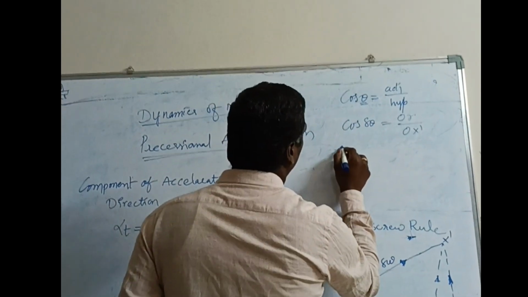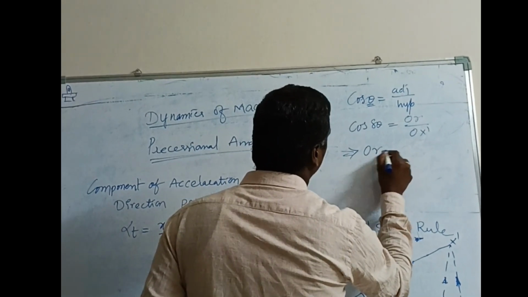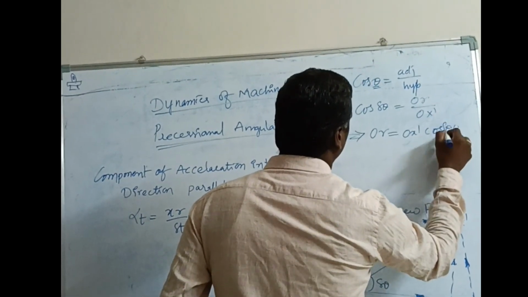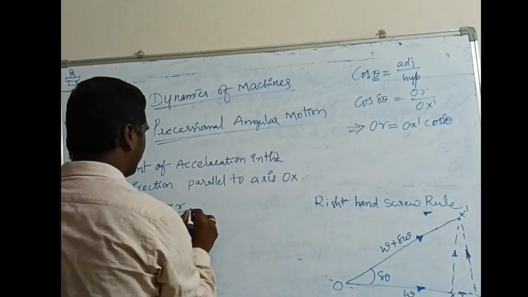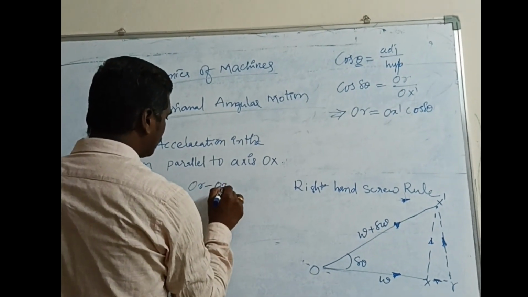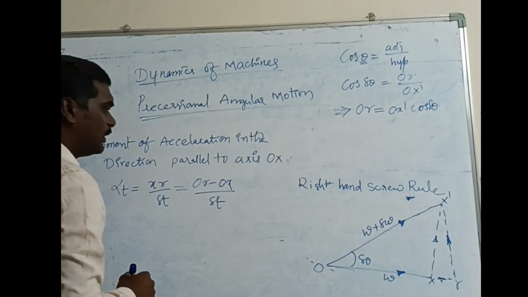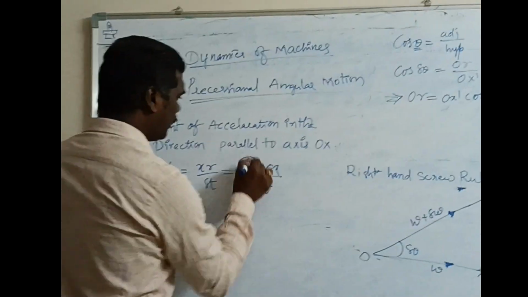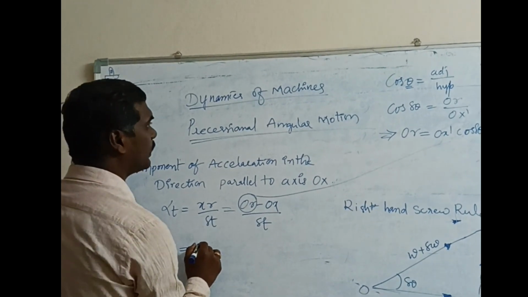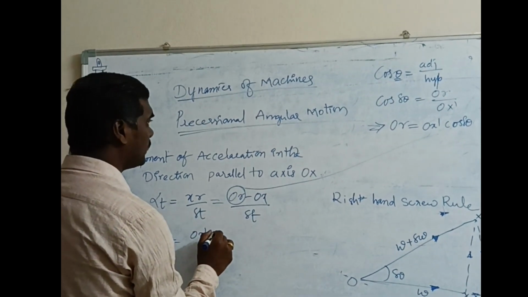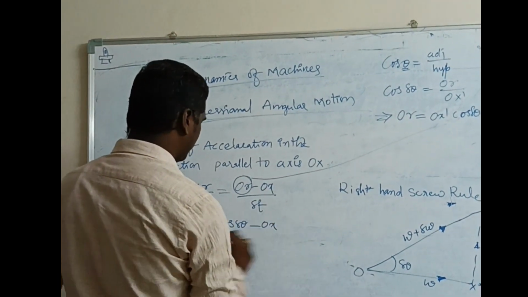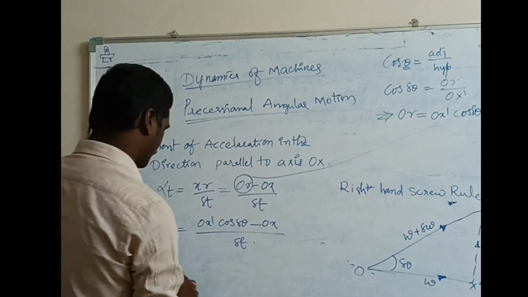So OR is equal to OX dash cos delta theta. Now XR is equal to OR minus OX, divided by delta t gives alpha t. So OR we can replace by this value.